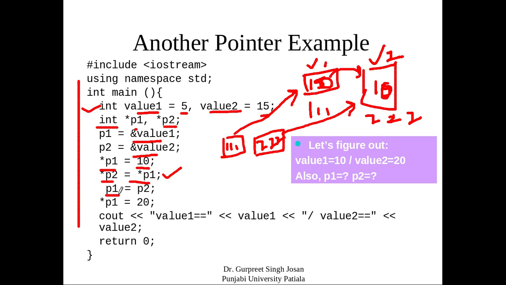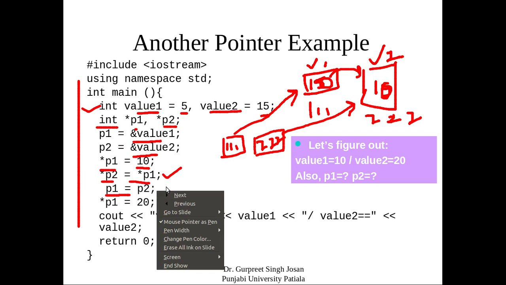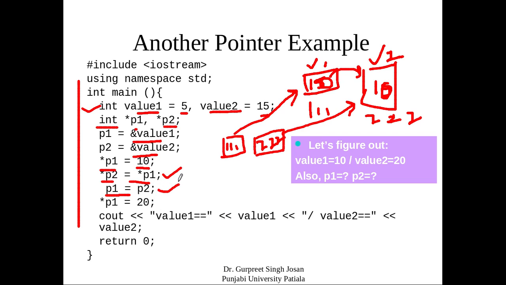Now in the next statement, look carefully, p1 is equal to p2. Now I am transferring this value into this location, so this also becomes 222. That means p1's old pointing is gone and now it is pointing to address 222.